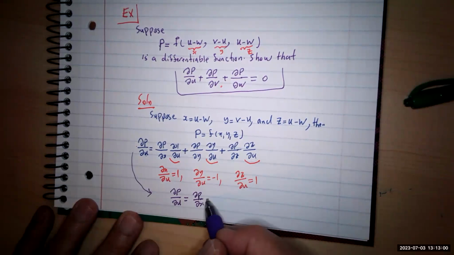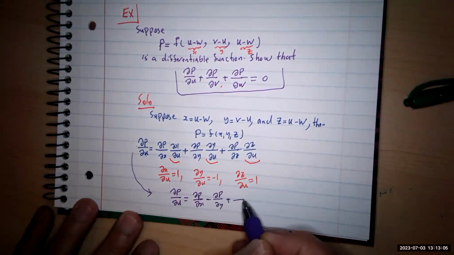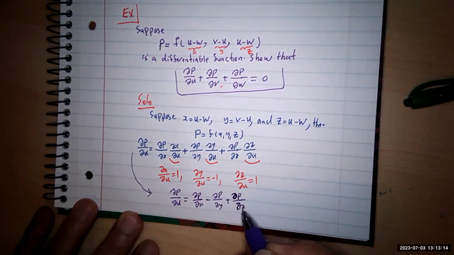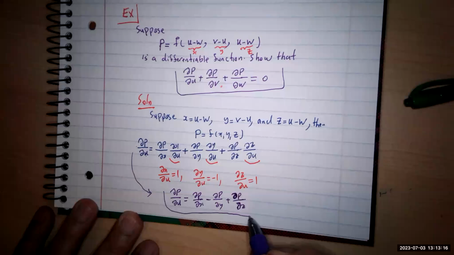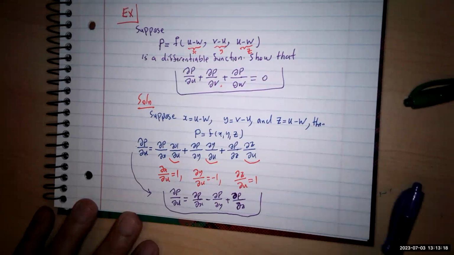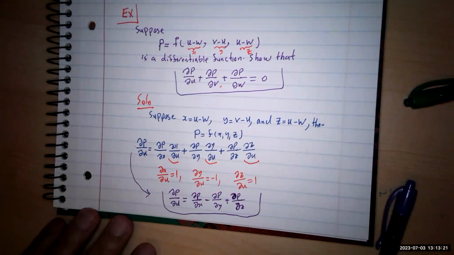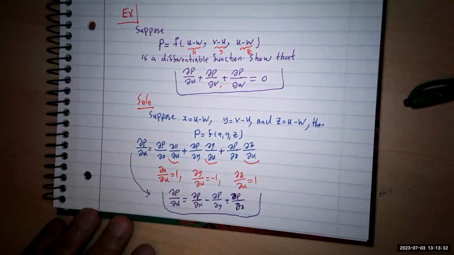This is a -1, so minus ∂P/∂Y, and that's a +1, so plus ∂P/∂Z. As far as you can, you just find ∂P/∂U. Don't worry, because if you find the other ones, these quantities will stay the same, so you'll be able to simplify when you add them together. That's the first part. Any question?